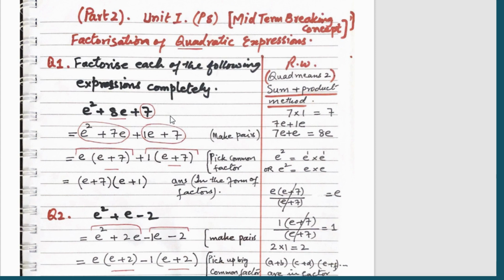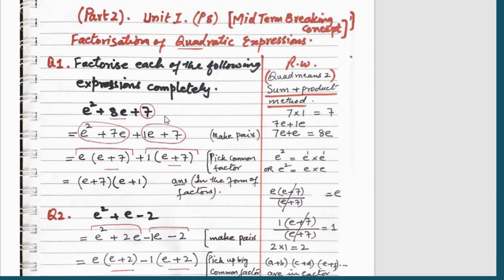Factorization is completely the reverse of expansion, students. You have done expansions in my previous lectures, in my previous videos. If you watch those videos, you will learn what expansion is, and then you should come to factorization. Factorization is completely reverse to expansion. What is reverse? Now look up.